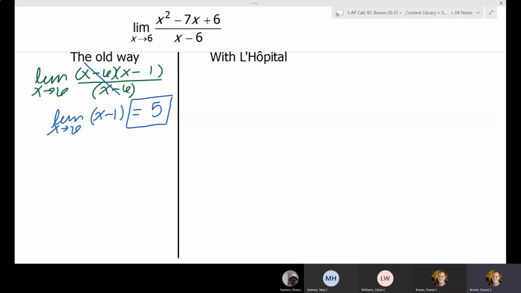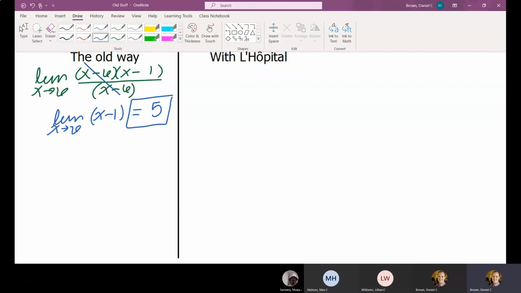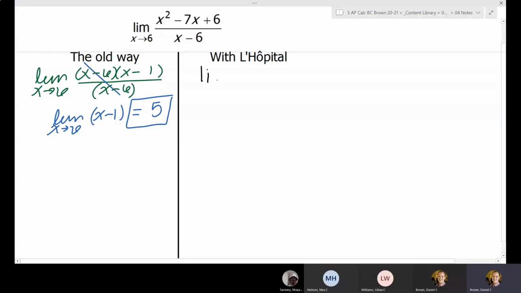We can also, though, do this problem using L'Hopital's rule. For L'Hopital's rule, I'm going to rewrite the question here. On the AP exam, and the same for my tests, you have to show clearly why you're using L'Hopital's rule.